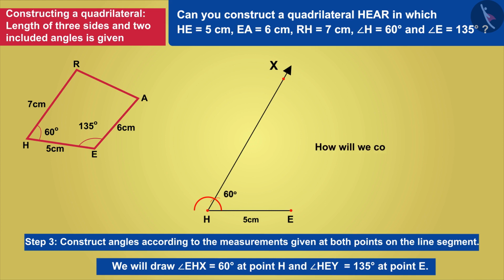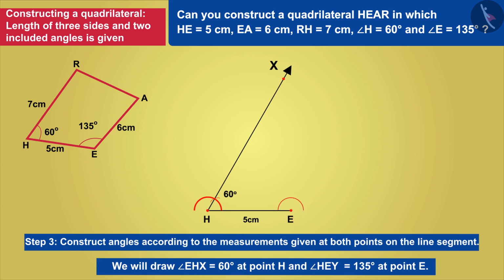Friends, how shall we make this angle? We know that 135 degrees is equal to 90 degrees plus 45 degrees. We have to make an angle of 90 degrees.